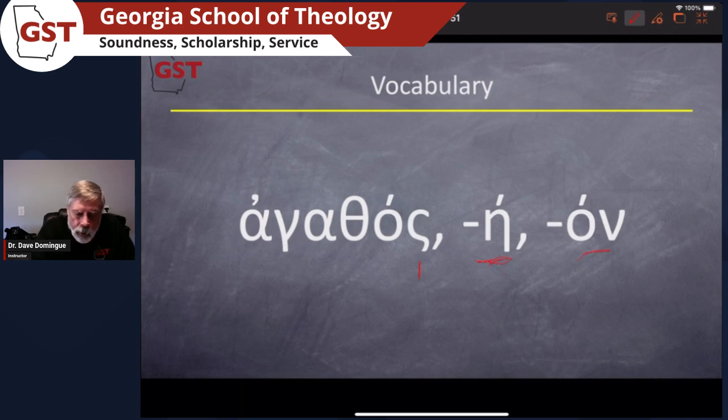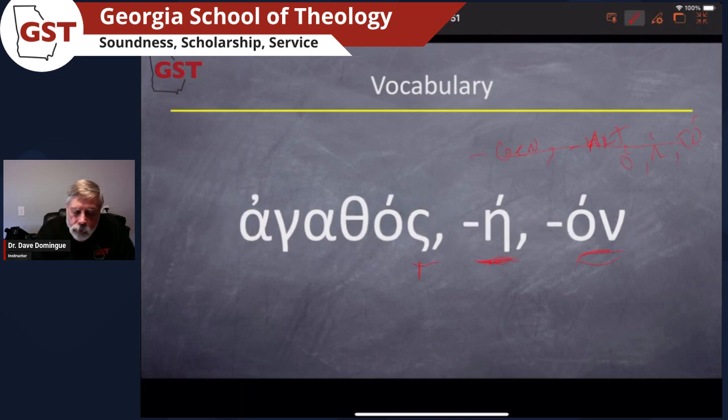If it was a noun, it would give us the genitive option and the article associated with it, whether it be masculine, feminine, or neuter. But that's not here. Instead, we have agathos, agathe, agathon. Masculine, agathos; feminine, agathe; agathon, neuter. All right.